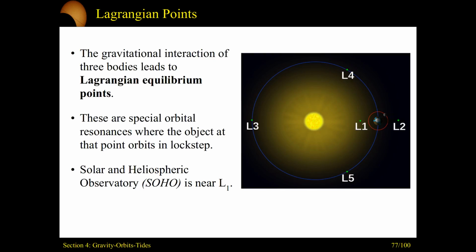Now, if you put, say, a satellite right here at L1, no matter what time of year it is, the orientation of sun, Earth, moon, the satellite will stay here. As the Earth orbits around the sun, this satellite is going to just stay right there, orbiting with the Earth, always facing the sun.